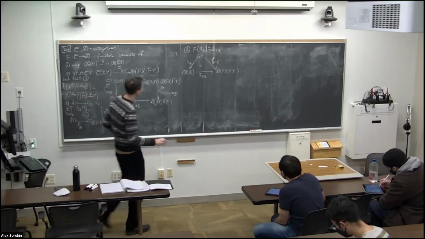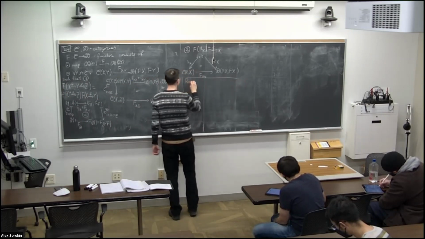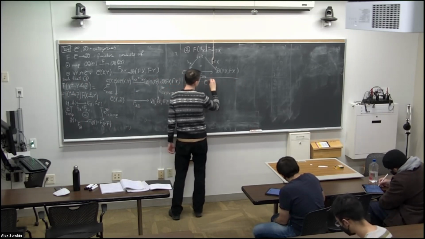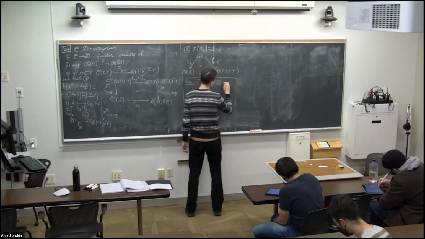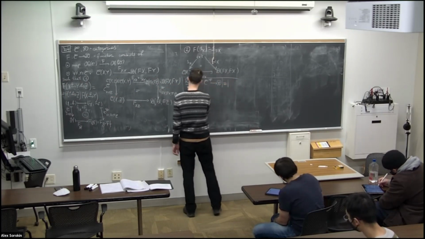Of course, after this, you have remarks. A functor from C^op to D is called a contravariant functor.